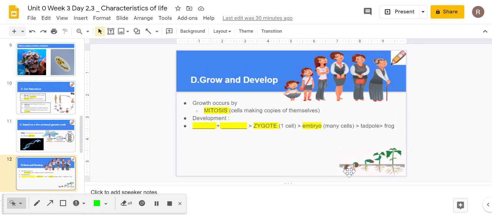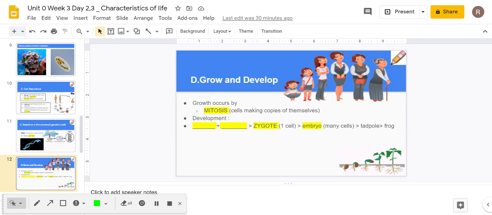Going from a small little seed to a large plant that produces fruits or a large vegetable, whatever it might be, going from small to large, or going from just one cell to an entire organism made of hundreds of thousands of millions of cells.